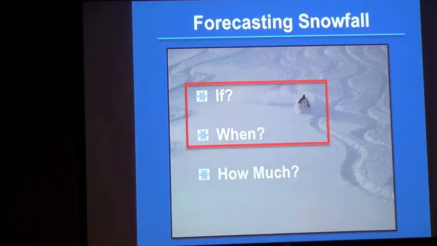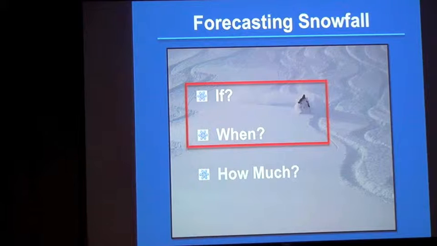So it gets me to answering the if and the when. I pretty much do that, but the how much is where it really gets ugly. Computer models handle wind flow direction, maybe how much moisture is in the upper levels of the atmosphere, and the temperatures in the upper levels of the atmosphere really, really well.